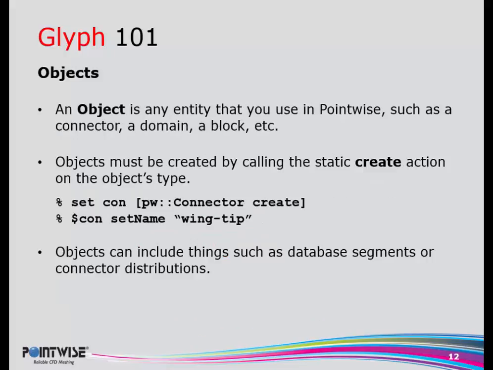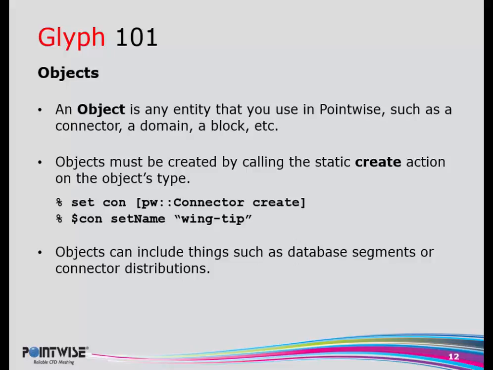Okay. So it's a good idea to understand objects in Glyph. An object is basically an entity that you can create and use in Pointwise. Database entity, connector, domain, block, etc. Objects are created by calling the create action on the object's type, and we'll talk about types in a minute.